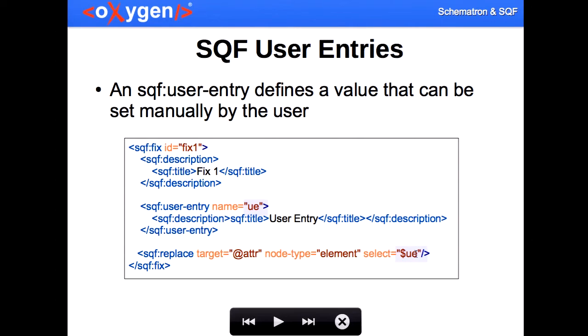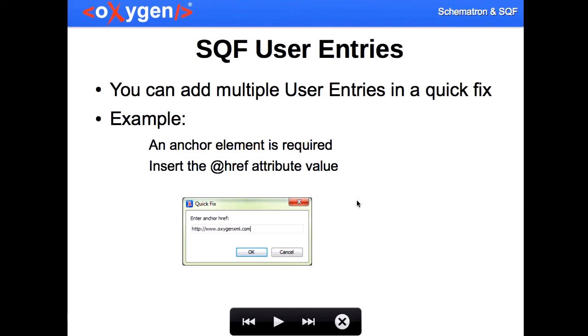So the user entry name will be used as any variable that is defined in a Schematron, and you can access the value that will be entered by the user. And you can also add multiple user entries, and then multiple pop-ups will be presented with the values that you need to enter. And I will show you an example.